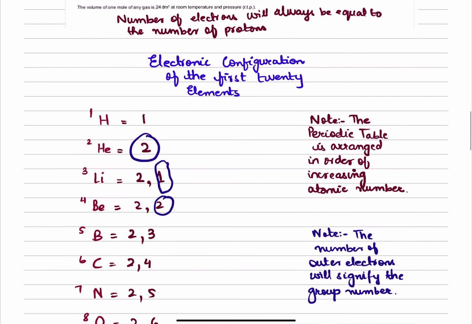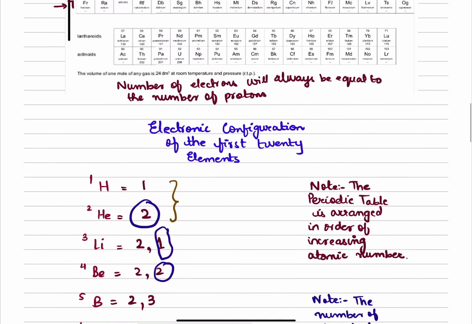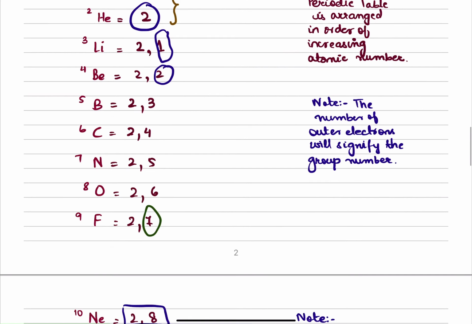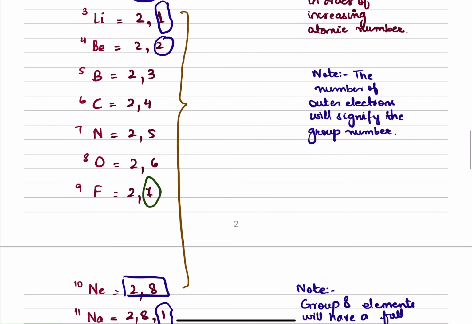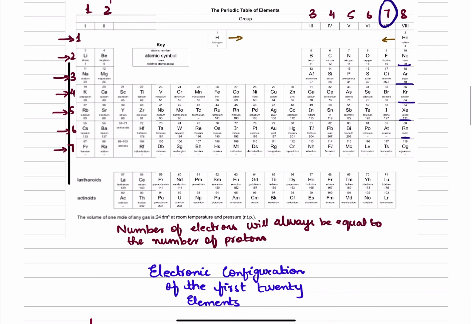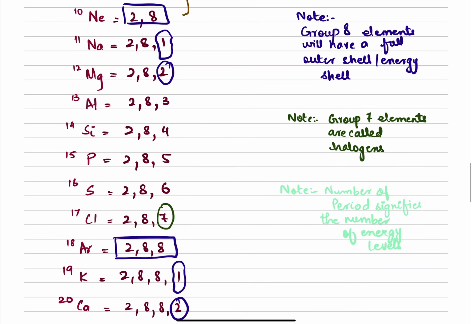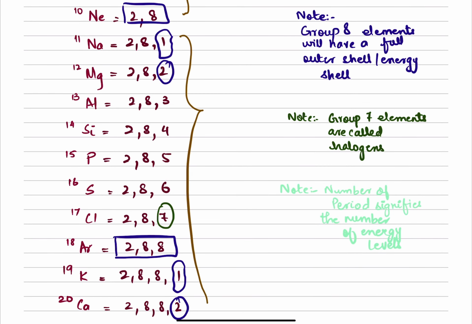So period 1 just has 1 energy level. In period 2, you have lithium, beryllium, boron, carbon, nitrogen, oxygen, fluorine, neon. So from lithium to neon, you have only 2 energy levels. Then if you see period 3, sodium, magnesium, aluminum, silicon, phosphorus, sulfur, chlorine, argon, they all have 3 energy levels. Again, the number of the period signifies the number of energy levels.